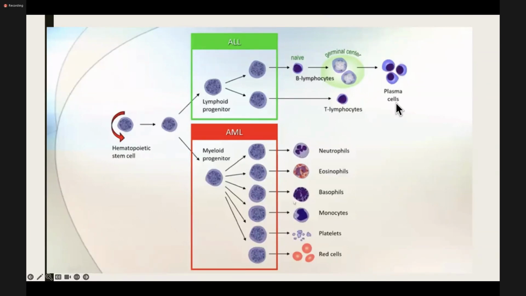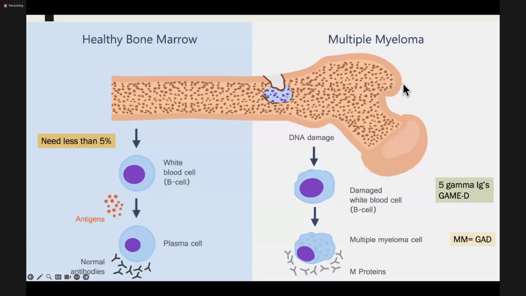So when they are defective, and you have too much production of a defective plasma cell, that's called multiple myeloma. With multiple myeloma, what's really affected is your IgG most of the time, and your IgA and IgD. People will say mostly the IgG.